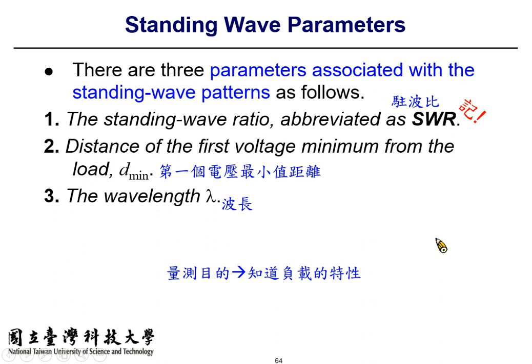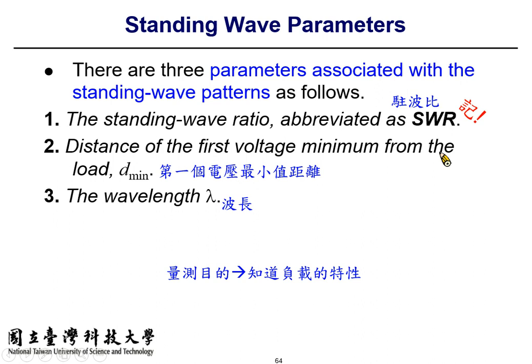The ratio of the maximum voltage and the minimum voltage observed on the voltage variation profile of the total voltage is the standing wave ratio, which has a minimum value of 1 if you have a matched termination.